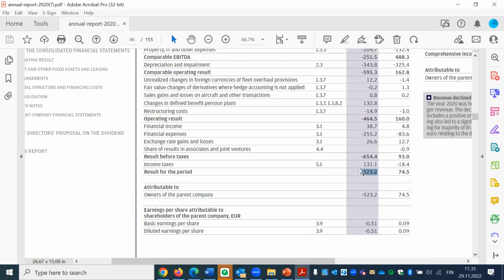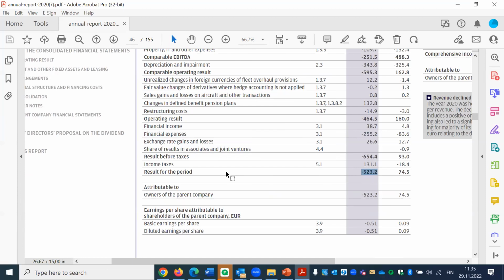Which investor? The shareholders. But if the cost of equity, which you will learn to calculate today, had been added here, this loss would have been even more. And that would have been the reality according to the economists.